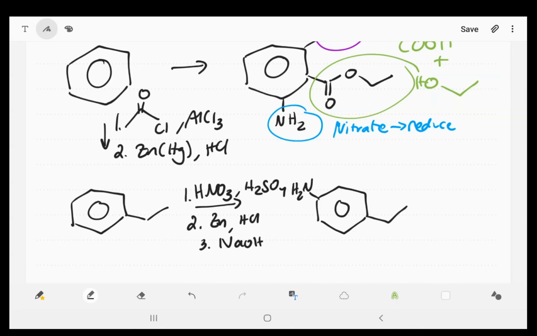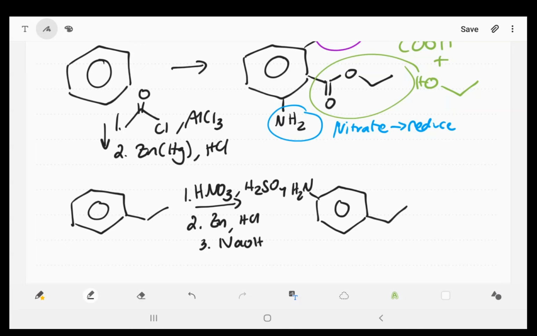Question: are they both strong activating groups? They are. So does that mean we can't do the NH2? No, not at all. You could definitely put more activating groups. Do you put the fluorine on and then later cleave off? Hold up.